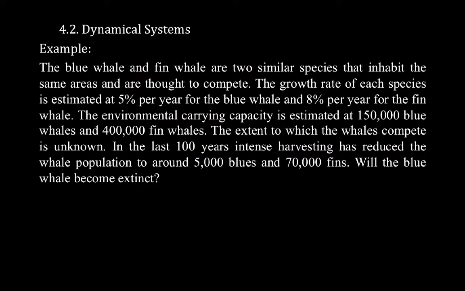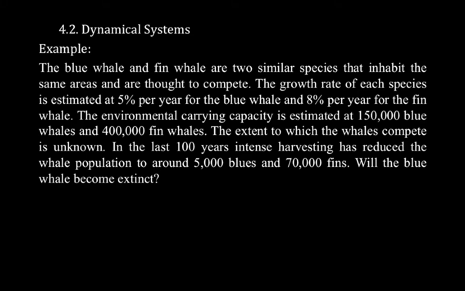Okay, so let me explain the example. It is example 4.2, page number 121. The blue whale and fin whale are two similar species that inhabit the same areas and are thought to compete. The growth rate of each species is estimated at 5% per year for the blue whale and 8% per year for the fin whale.